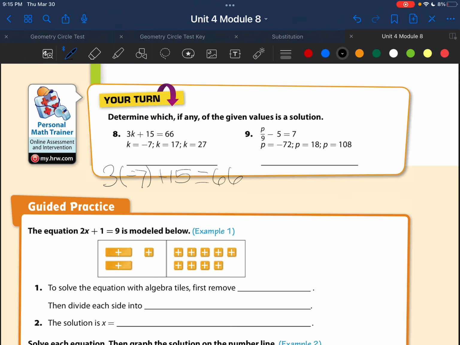And if that doesn't work, then you can replace that 3, or you can replace that with 17 and see if that gives you 66. And then if that doesn't work, you can go back and do it again and see if 27 gives you 66. And while it's a simpler way logically, it is not an easier way.